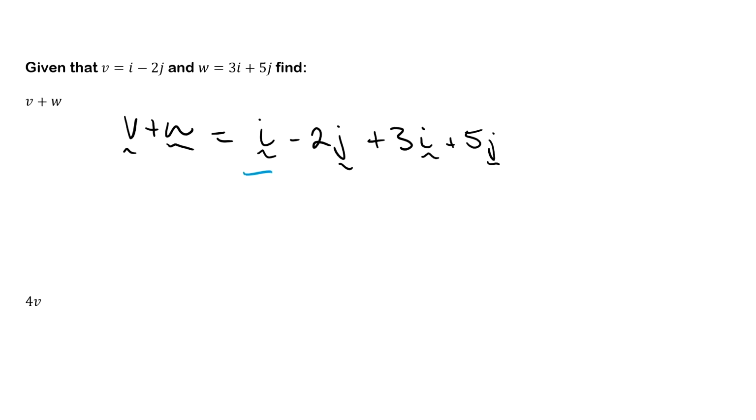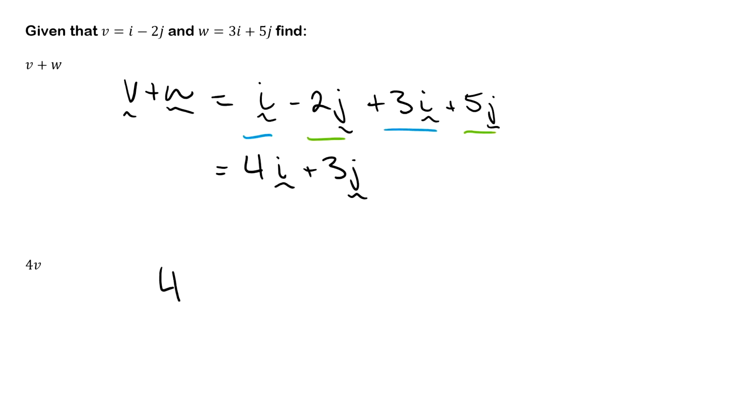Therefore, I like to underline the things we're adding. So our new I component is 4I, and our new J component is 3J. So the resultant vector is 5I plus 3J.